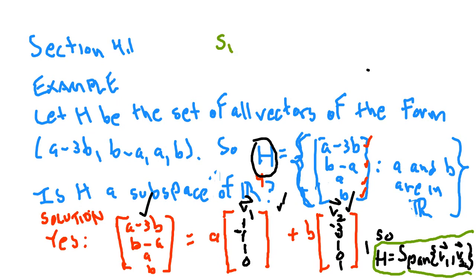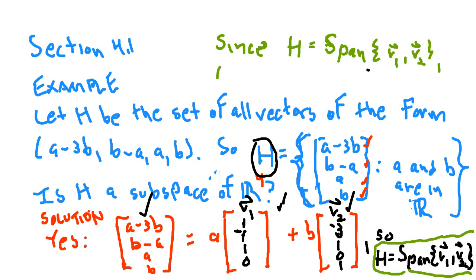So since H is a two-dimensional subspace of R4, and H is the span of those two vectors, v1 and v2, this means then that H is a subspace of R4.